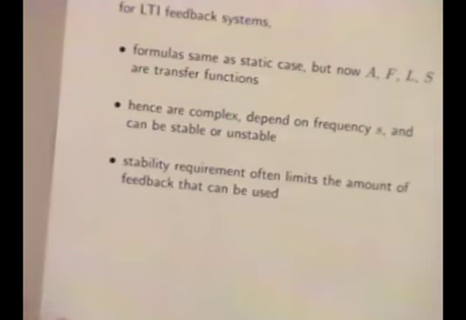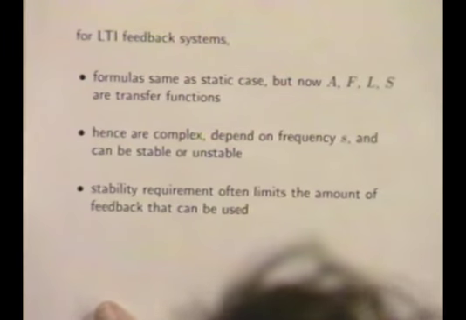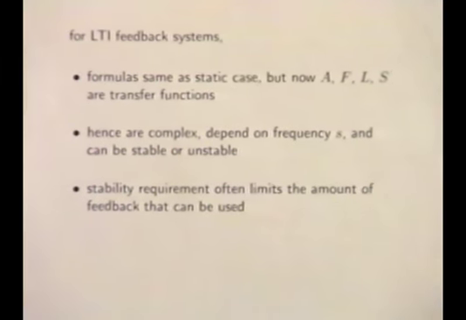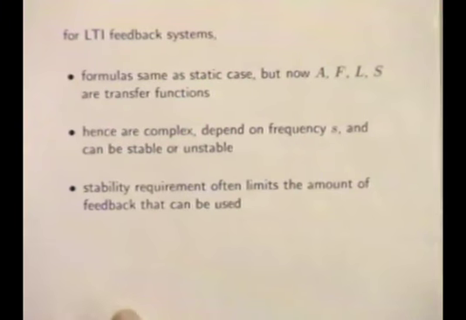Okay, so let's summarize the contents of this chapter on dynamic analysis of feedback. The first thing was that we generalized these ideas of forward gain and feedback gain to transfer functions. So now every term looks the same except it's a function of s.